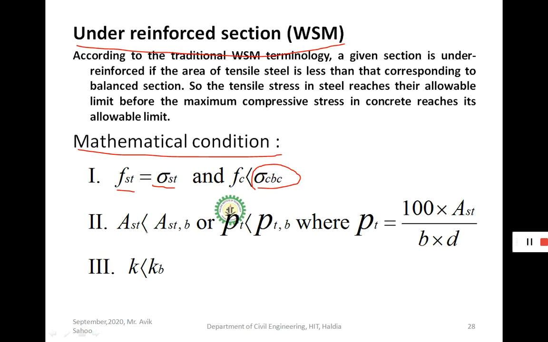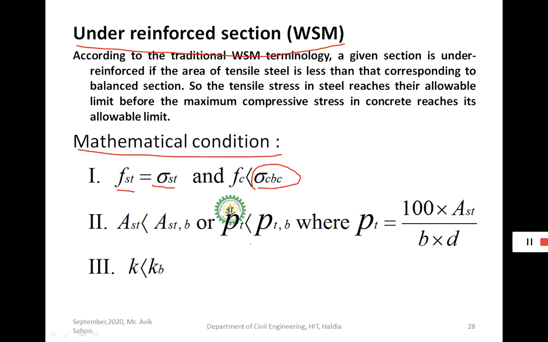Again, another condition: the area of steel, the amount of steel used in the section, if it is less than the amount of steel used in the balanced section, then the section becomes under reinforced. So the under reinforced section is compared with respect to the balanced section. That's why the balanced section is called the reference section.